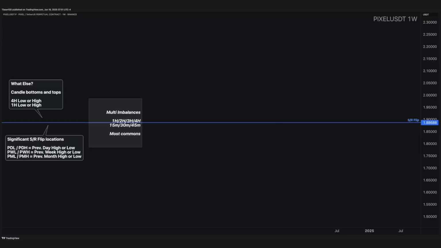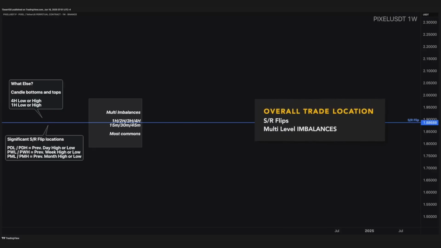I commonly look for 1, 2, 3, 4 hour multi-level imbalances. But I also try to check 15, 30, and 45 minutes altogether for sometimes micro scalping. As you notice, I keep adding more confluences to my setups for better trade locations. This is how I find overall trade locations.